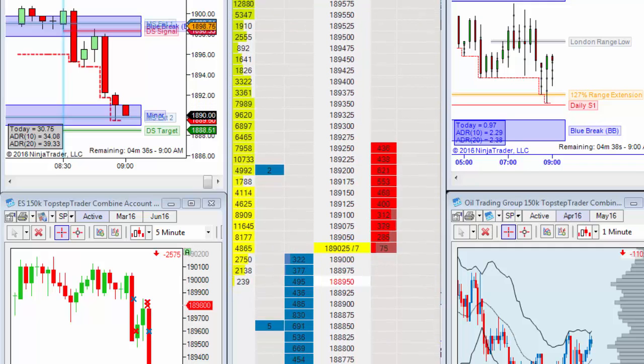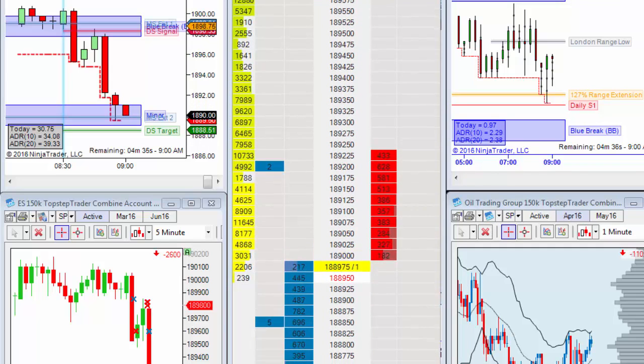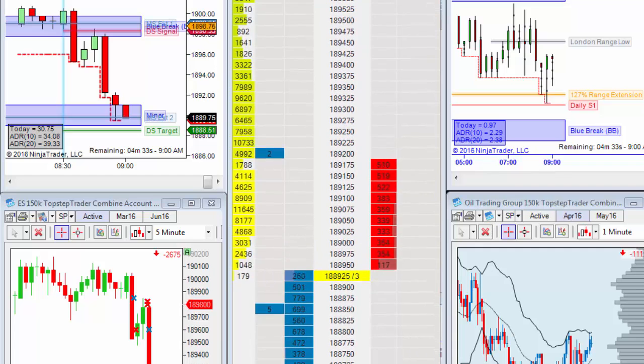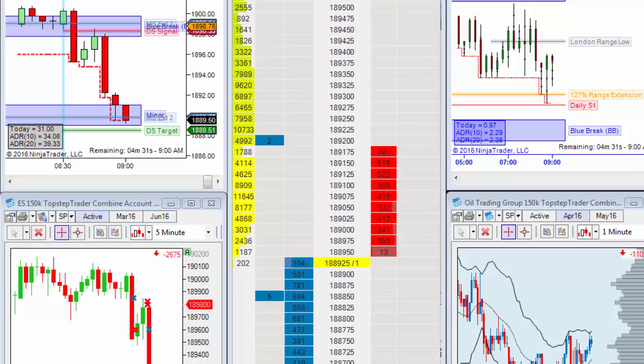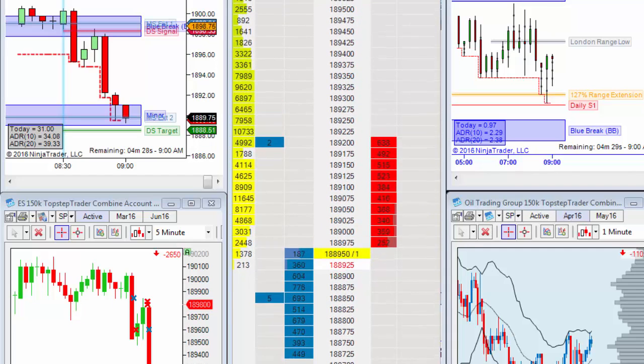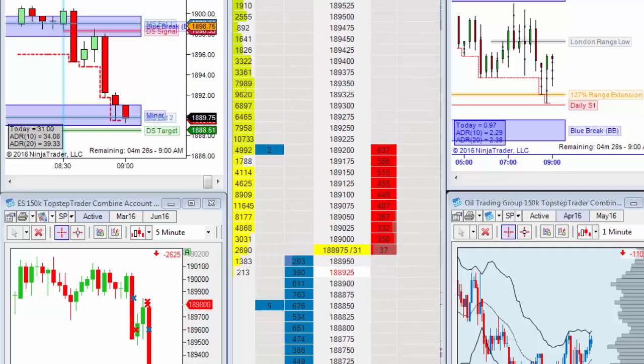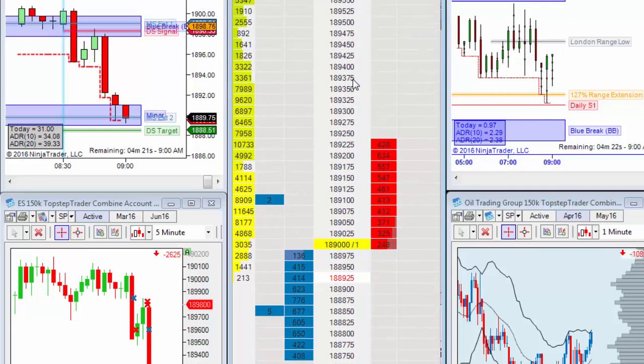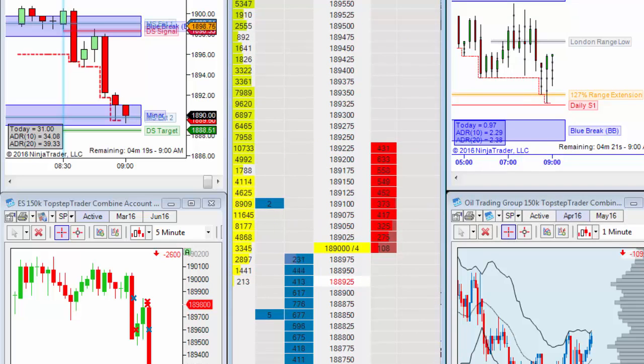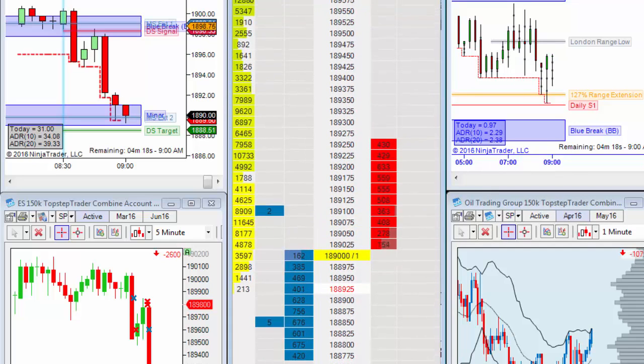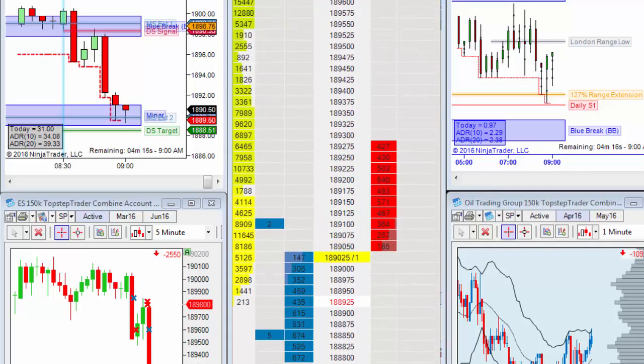There's 1890 again. If we break that 90 level, we should go get my entry here. Okay, there's 1889 quarter. I'm going to bring this trail stop down to 91 now. So I'm protecting 7 of the 8 points that we're at here right now.